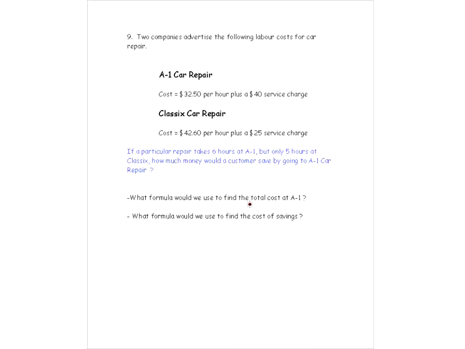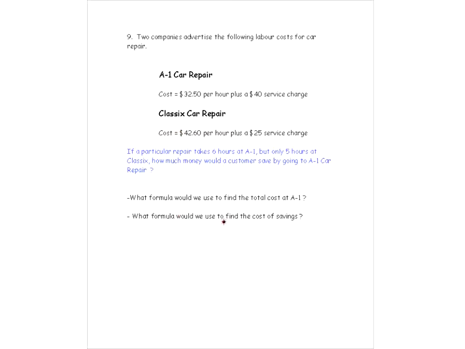So what formula would we use to find the total cost at A1? Okay, well that's going to be the cost per hour times the number of hours plus $40 automatically, right? Does that make sense? That's the formula we're going to use for A1. It's going to be the same kind of formula for Classics, right?